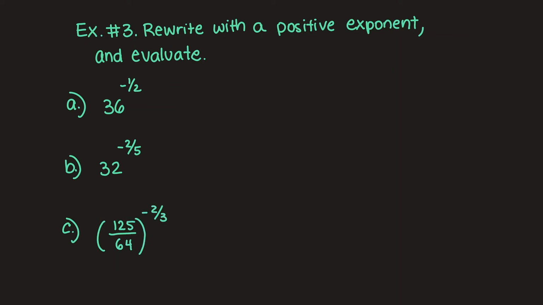So since we have a negative exponent for 36, we can rewrite it as 1 over 36 raised to the positive 1/2. And now we can rewrite our denominator as a radical with an index of 2 raised to the first power.